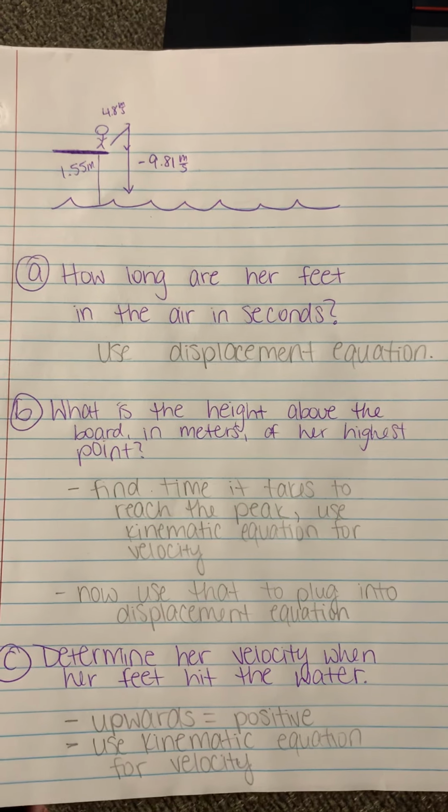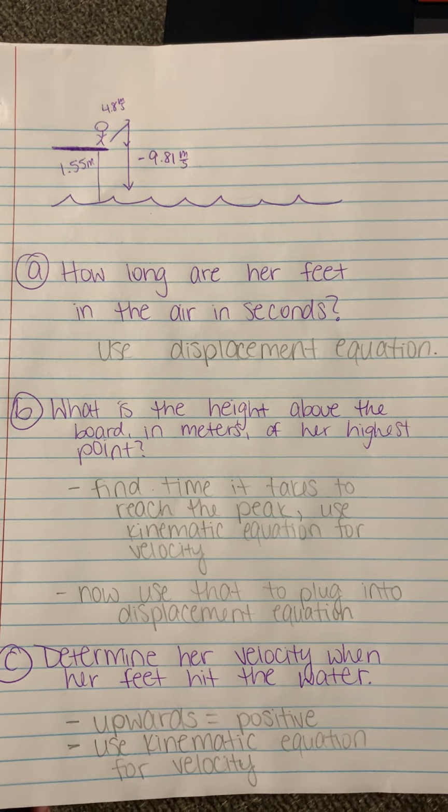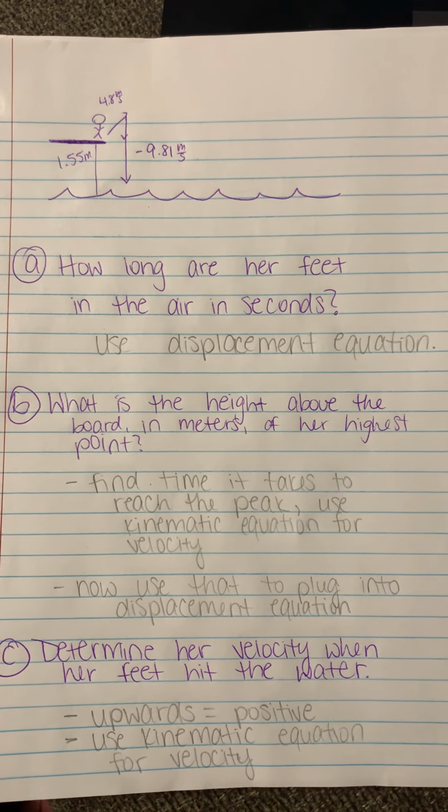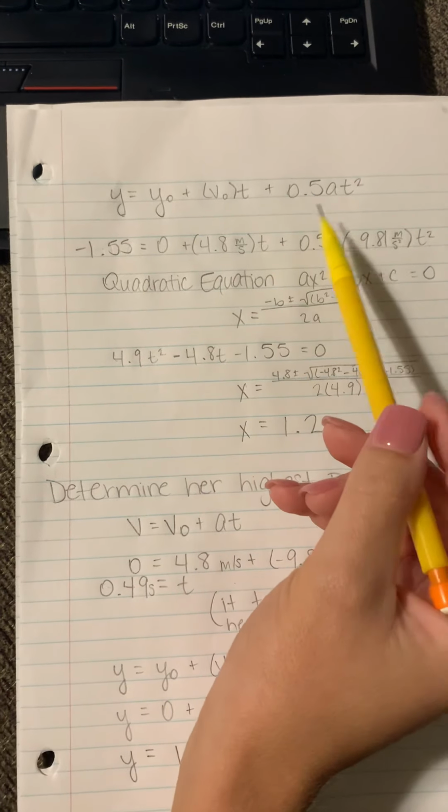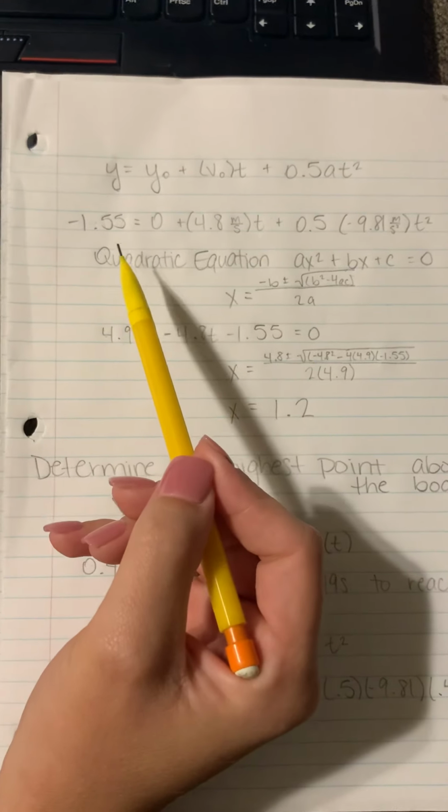So the first question is, how long are her feet in the air in seconds? So we're going to use the displacement equation. I wrote it down right here at the top. So then you just plug in your numbers.